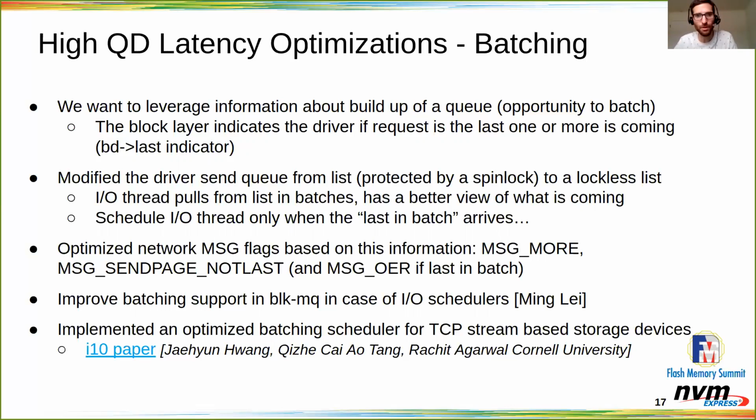What we're then doing is modifying the queue and how it handles its internal queuing. We basically make that more lightweight, moving it from a list protected by a lock into a lockless list.